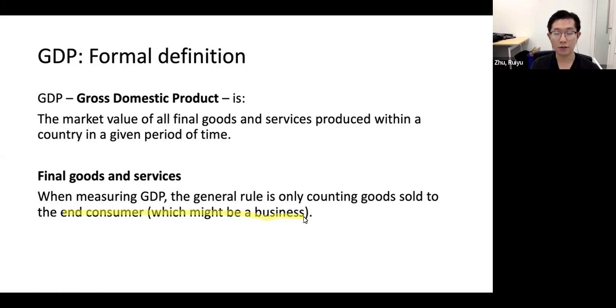We omit the steel. Why is that? Because steel is already used in the production of cars, so that steel doesn't generate any extra value for people, right? It's only the cars generating value. So we are only measuring the value from the end consumer or end product.